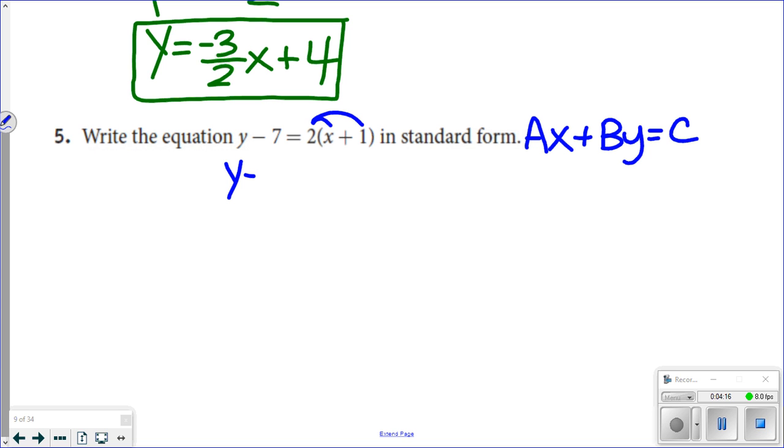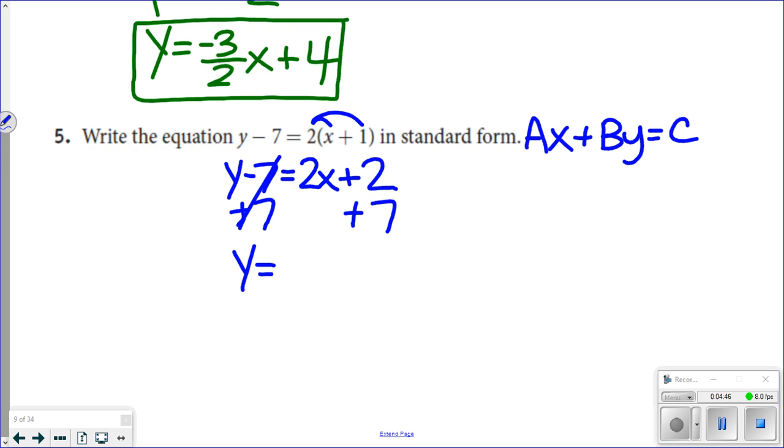So y minus 7 equals 2 times x. 2 times 1 is 2. The next thing that I'm going to do is get my two constant terms together. So I see a negative 7 and a positive 2. Let's put them together. So I'm going to add 7 to both sides. Y equals 2x plus 9.